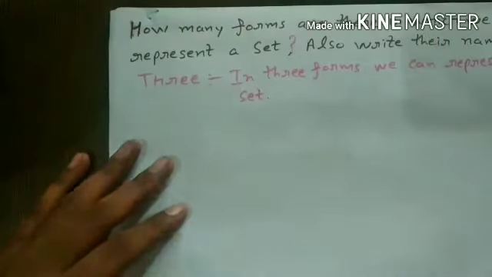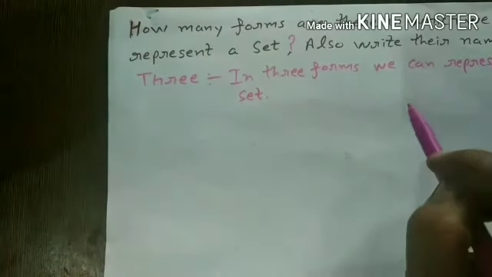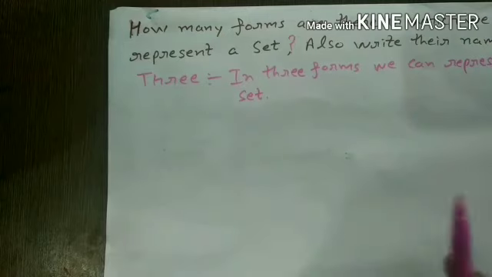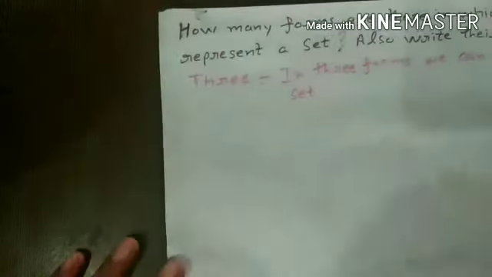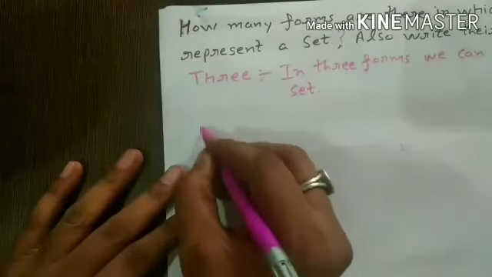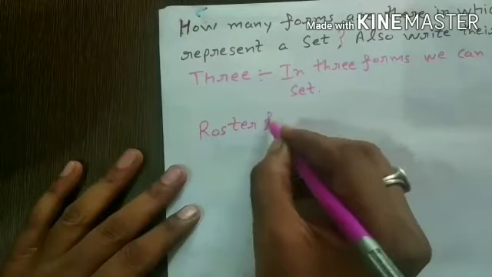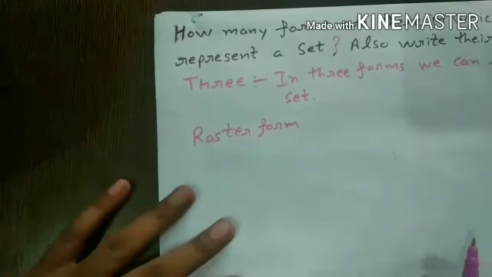Okay students, now the next part is also write their names. Now I have to write the names of these forms. So the first and the easiest form is roster form, and its other name is tabular method.